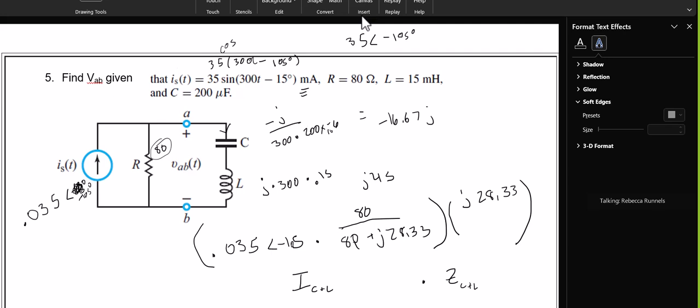And the answer's not right. I got 0.0935 angle negative 34.5. Isn't that supposed to be 4.5, not 0.5? Let's see, the sine of 0 is 0.